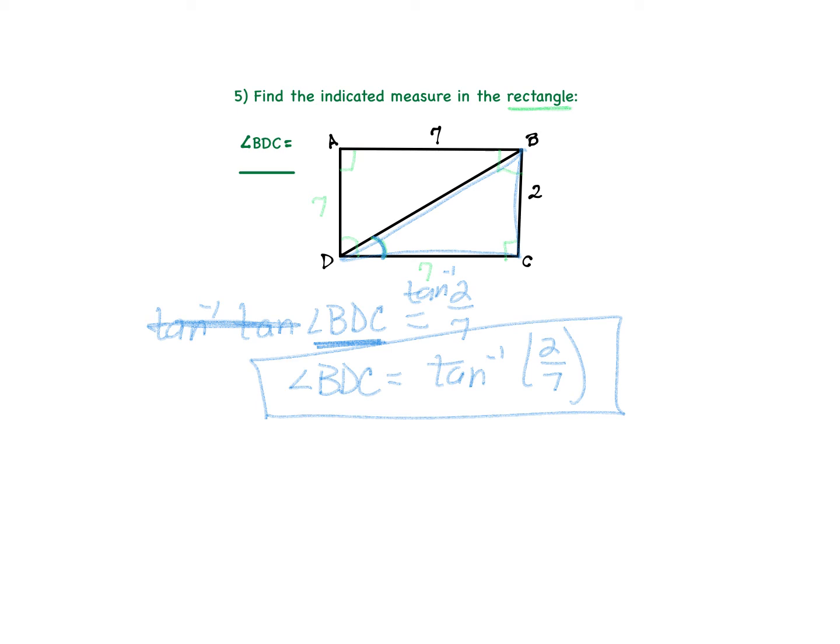So I go to my calculator, and on my TI, I press second tangent, and then in the parentheses, 2 divided by 7, close my parentheses, and I end up with angle BDC equals 15.9 degrees, or approximately 16 degrees. You guys on your iPad computers, again, you'll put the 2/7 in first, and then the inverse tan function. All right, so that's how we do that. So you'll have some exercises on finding angles.